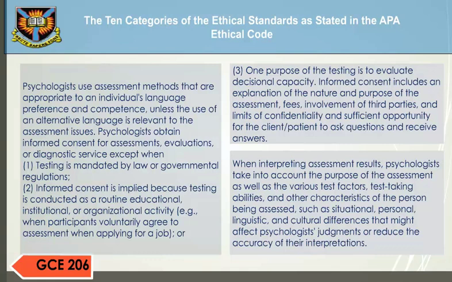Or 3. One purpose of the testing is to evaluate decisional capacity. Informed consent includes an explanation of the nature and purpose of the assessment, fees, involvement of third parties, and limits of confidentiality, and sufficient opportunity for the client-patient to ask questions and receive answers.